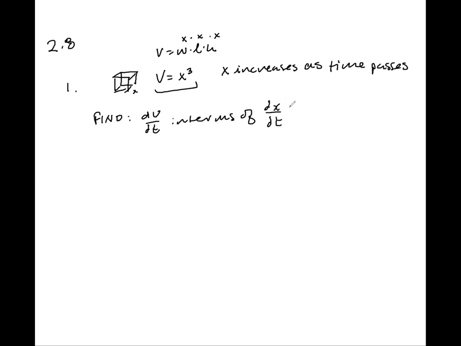And if you remember the circle problem that we did at the very beginning, this is essentially that same type of thing. So we'll take the derivative with respect to time of V of x of t, which is equal to x of t cubed. So this will be dV/dt is equal to 3x squared dx/dt. Just like when we were doing our 2.6 problem with implicit differentiation.